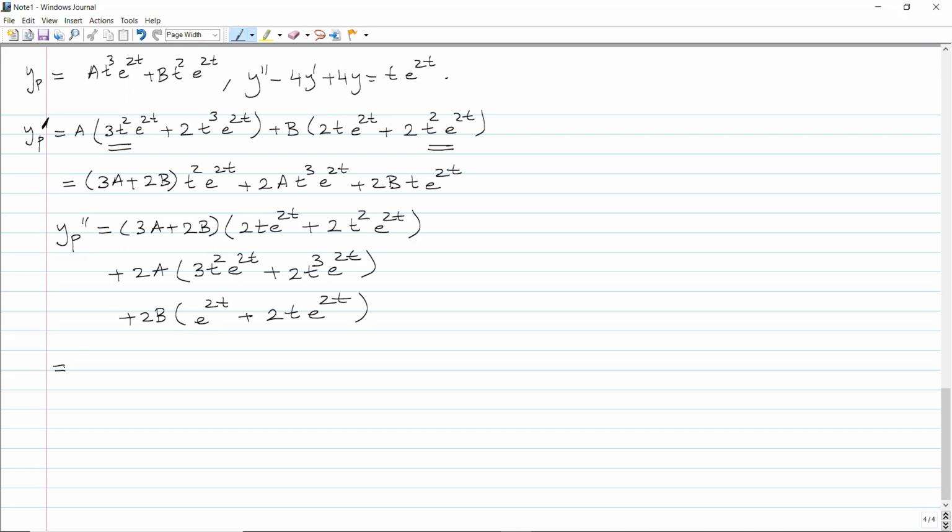So again, we combine the like terms. So first t e to the 2t, I have another one right here. So if you combine the coefficients, I have 3a plus 2b in the first term, and from the last term, I get 2 times 2b, so I get 4b. So the coefficient is 3a plus 6b.